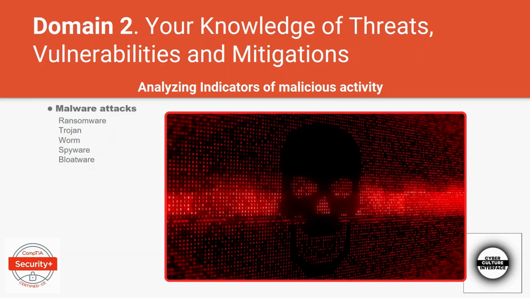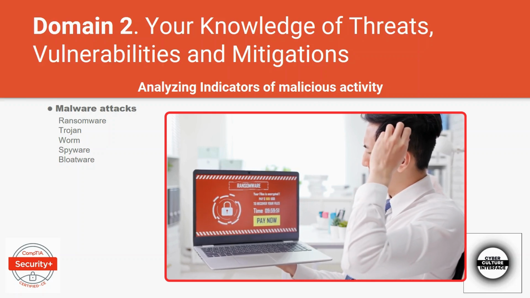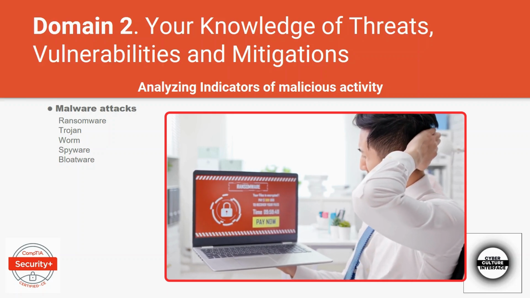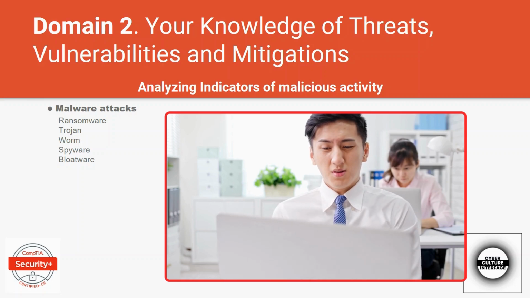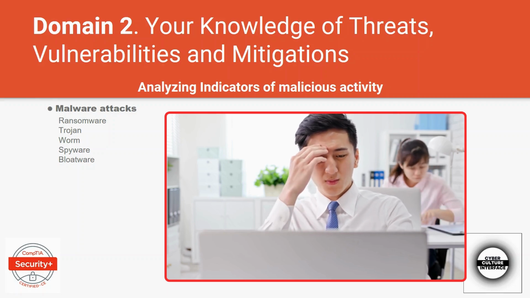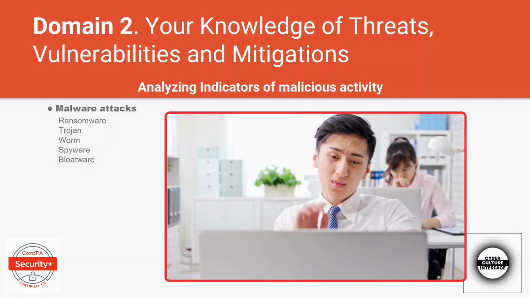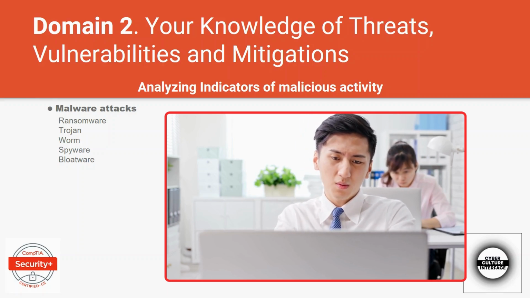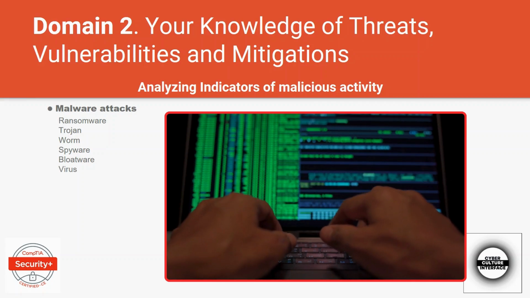Most of the time, this bloatware is consuming resources and making the system work excessively or carry out things it is not supposed to carry out. So these are indicators of malicious activity. When you are using a system and you suddenly notice that operations or background processes are running by a particular application, these are indicators of malicious activities, and it means a malware attack is going on.